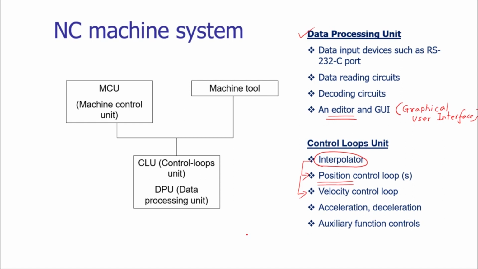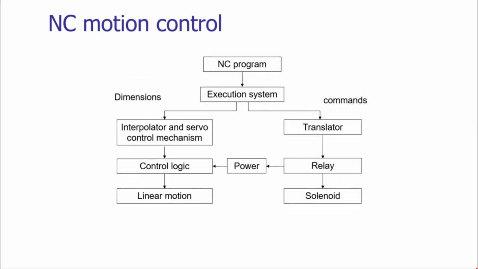Based upon the signals generated by the interpolator, the acceleration and deceleration of the drives will be decided. The control loop unit also carries out the auxiliary function controls, for example, the control of the coolant, the opening and closing of doors, and the tool change operations.